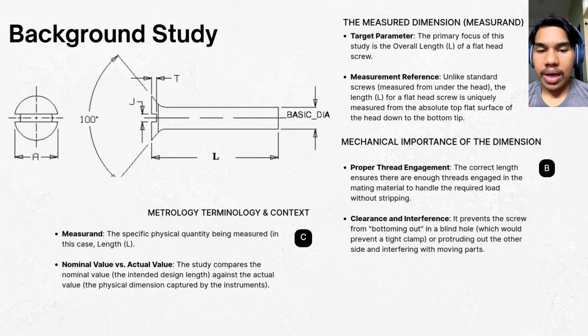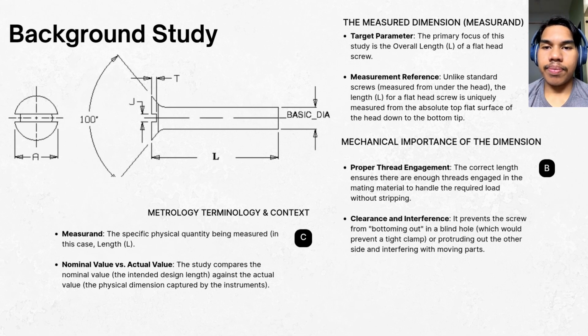For this case, we want to compare the nominal value, basically the intended design, the one that has been intended by the manufacturer, against the actual value, the one that has been manufactured. Basically, we want to see the difference in value between the one in the design on CAD and the one that has been manufactured.